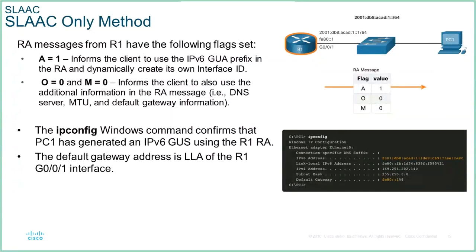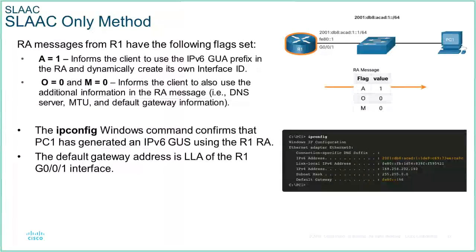So if you look at the flags, we can tell what information is going to be sent out under those optional settings. Because remember, the M flag is telling it to use a DHCP server. So if we're just using SLAAC, that's got to be off, because it's not attaching to a server.